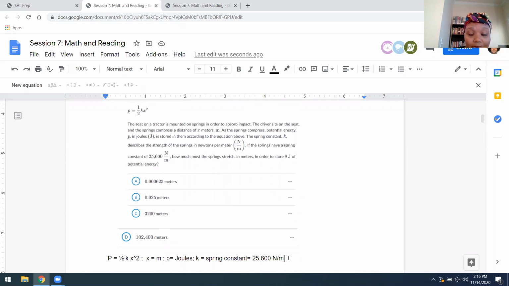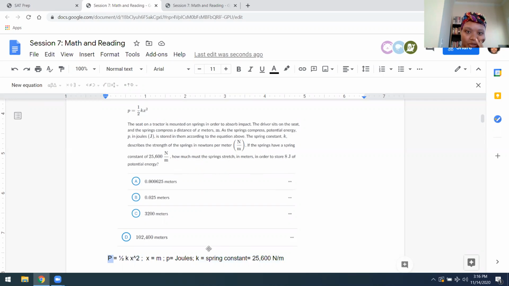So I have half. Half is a number, I don't need to translate that. K is the spring constant, which is 25,600 newtons per meter. Now X I don't have yet, but I actually have P. The next part of that sentence says how much must the spring stretch in meters in order to store 8 joules of potential energy.